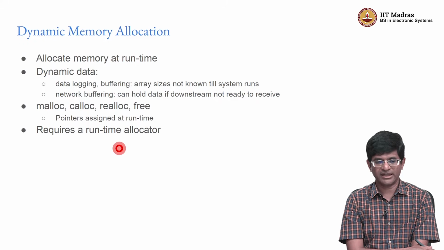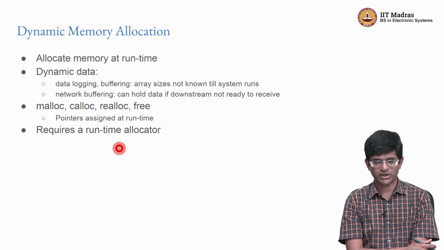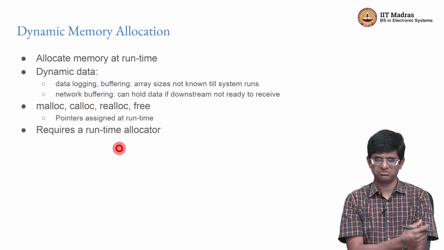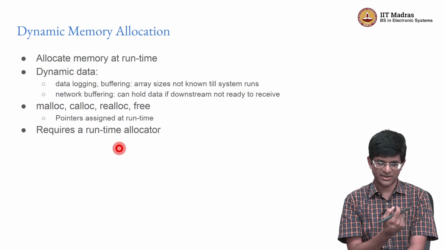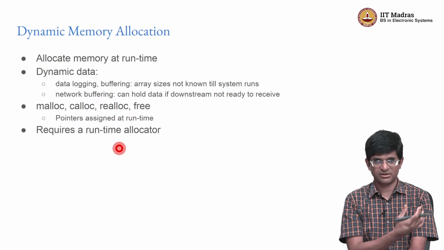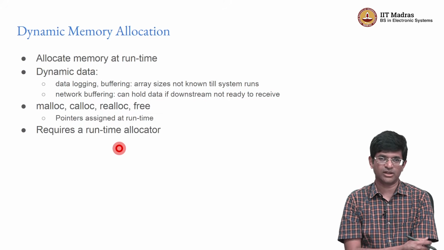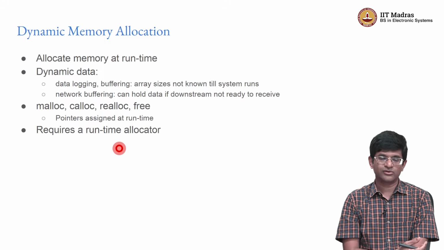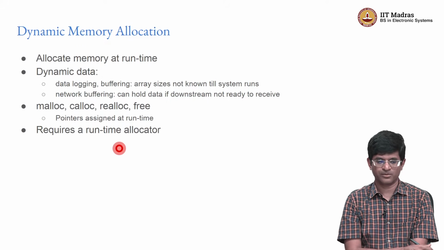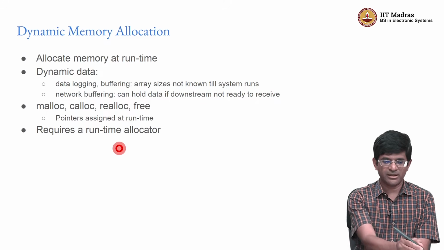So you allocate memory at runtime, and in the context of an embedded system, let's say you are trying to do data logging, collect data from a sensor, store it into a buffer, and then finally send it out over a network, or just take data from one side of a network interface, buffer it, and then send it out on another side, right? All of those are dynamic data. You don't know how much data is there until it actually gets to you. How it's implemented?